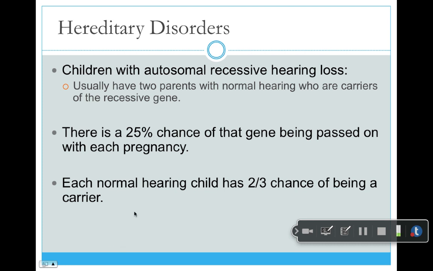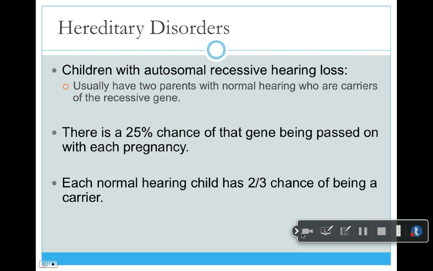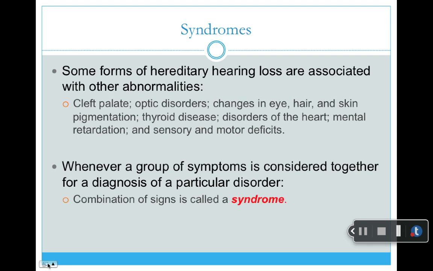You have a 25% chance of having a child that's not a carrier and that doesn't have hearing loss. And you have a 25% chance of a child having hearing loss. Then you have a 2/3 chance, the other two, of a child not having hearing loss, but being a carrier for the hearing loss.